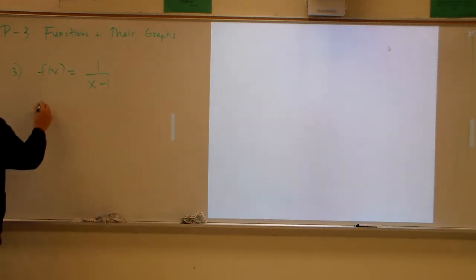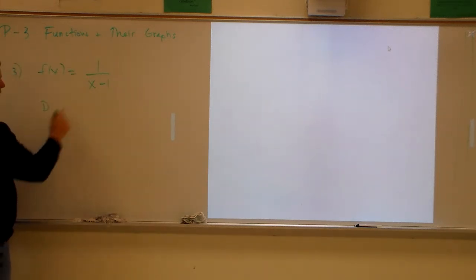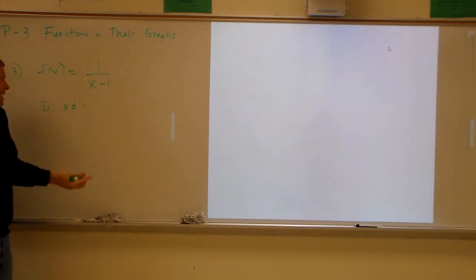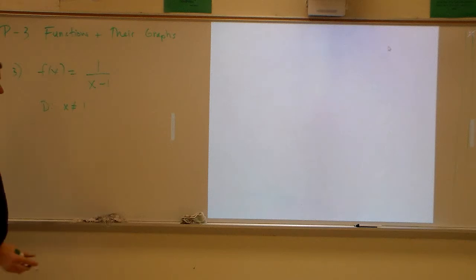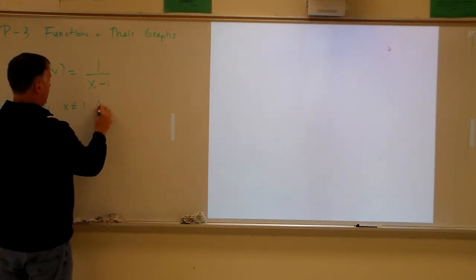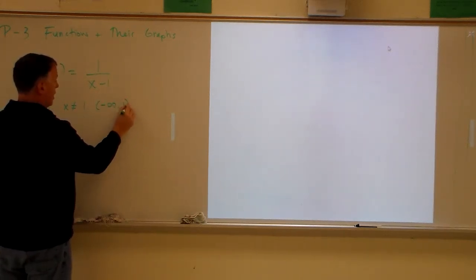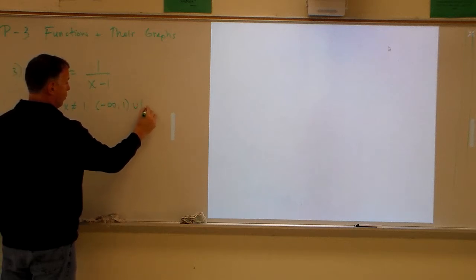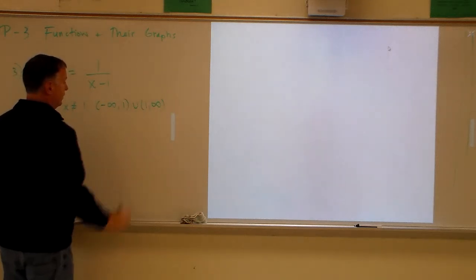So, domain. Well, we know x cannot be 1. It's not the best way to write it. We're going to be a little more sophisticated than that. So we're going to say negative infinity to 1, union with 1 to infinity.